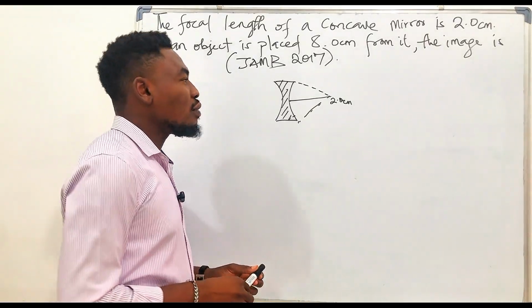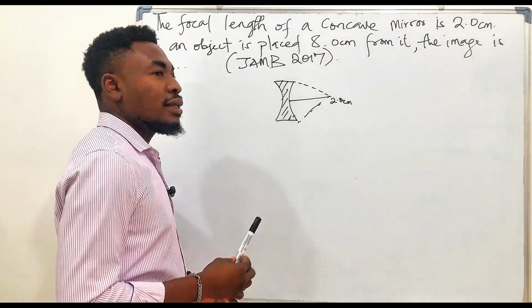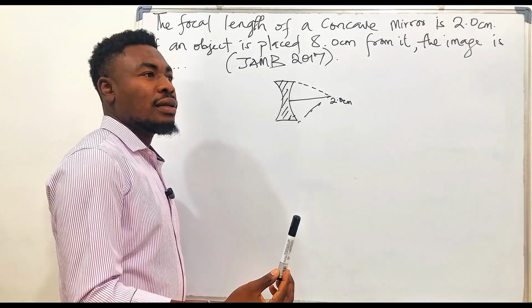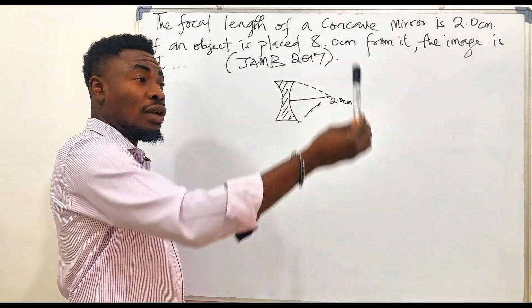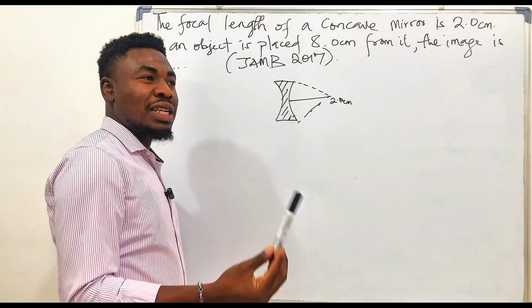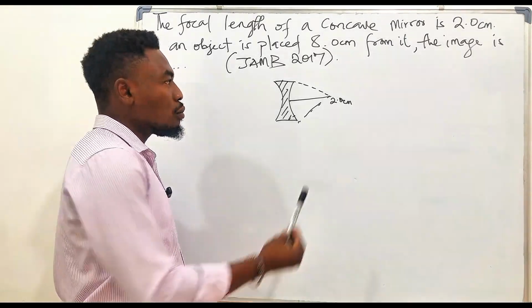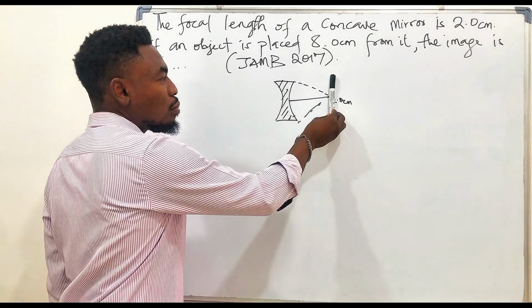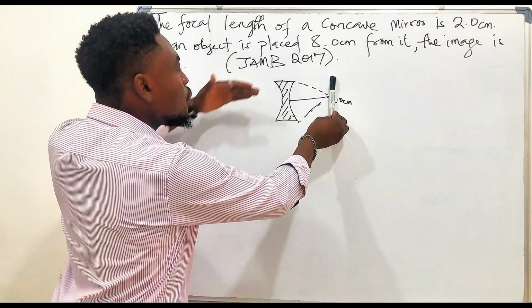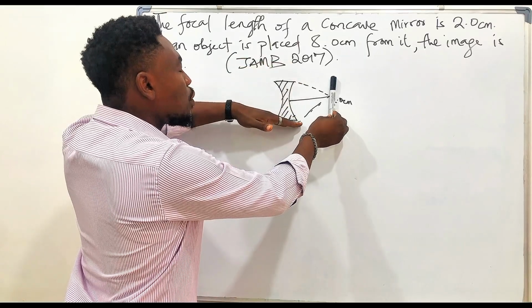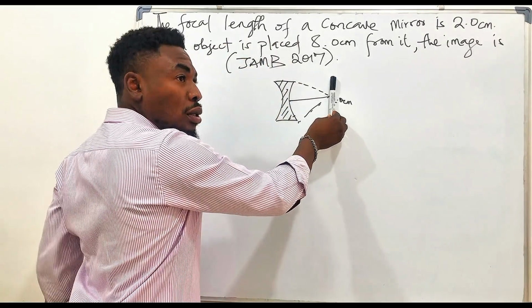What does a focal length mean? In layman's language, focal length means the distance at which you place your object, at which you can see the full length of the object in the mirror, is the focal length of that mirror. So for example, if I place this object in front of the mirror, I should be able to see the top of this object in the mirror and the bottom of the object fully.